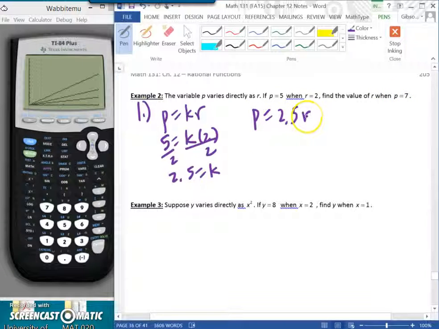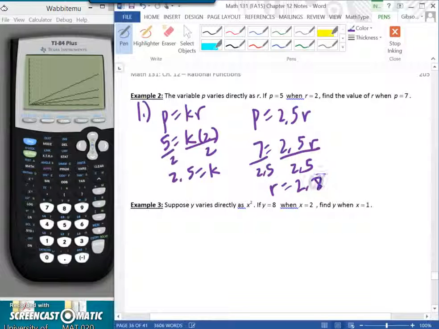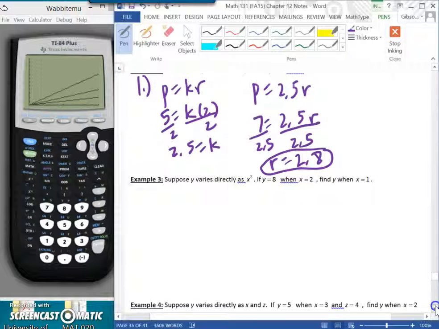So now we can take our formula here and substitute in 7 for p, and then we can find r. We divide each side by 2.5, and that will give us r is equal to 2.8, and that will be our final answer. Are there any questions from this problem? Okay, example 3.